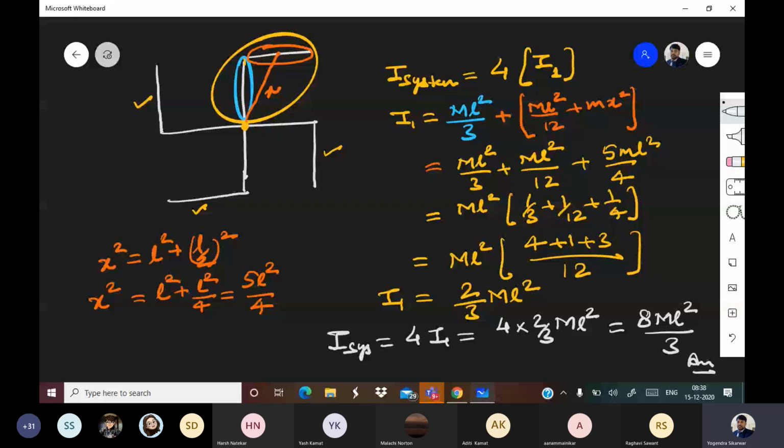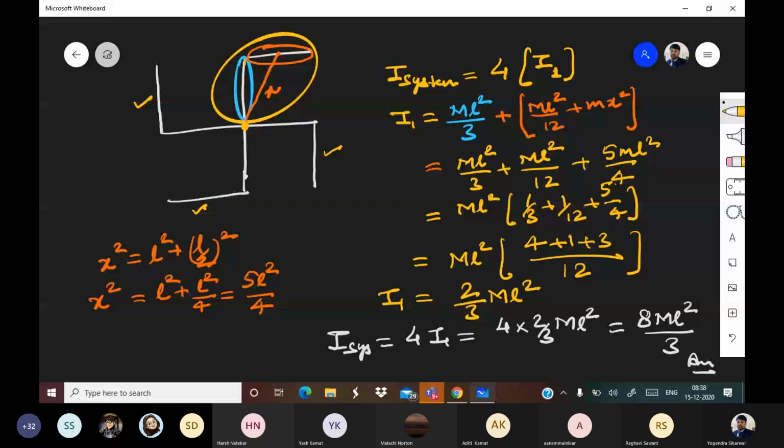After taking common, 1 by 3 plus 1 by 12 plus, okay, it is 5 by 4. Just a second. Yes, it is 5 by 4. I have written it as 1 by 4. That was a typing mistake.